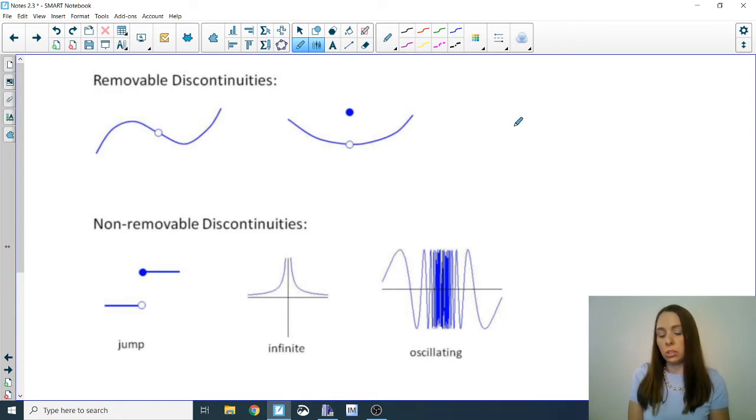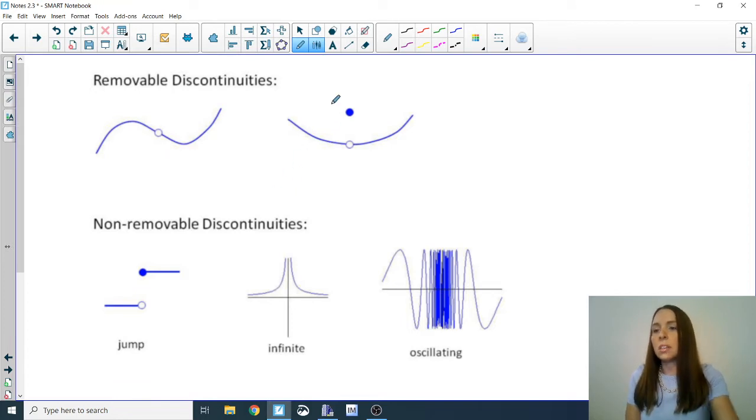And so you see two different types of removable discontinuities here. You see one where the limit exists, however, the function value does not exist. And this is an example where both the function value exists and the limit exists, however, they do not match. And so we would say that that's still a discontinuity there.